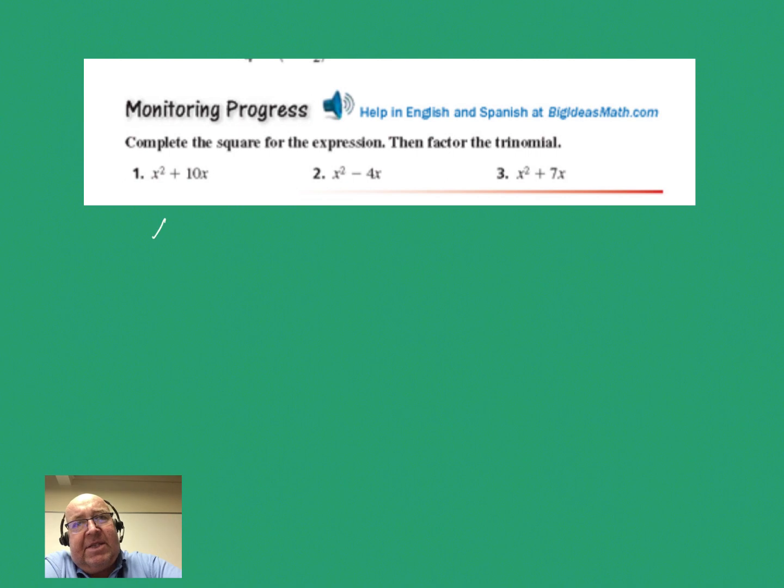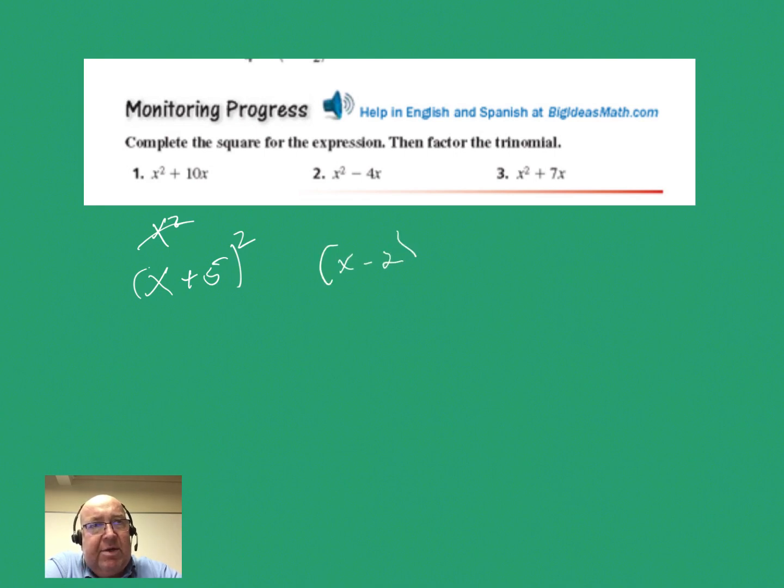I'm just going to write them out. This is going to be x plus 5 squared because half of 10 is 5. This would be x minus 2 squared. Half of 4 is 2. And this would be x plus 7 over 2 squared.